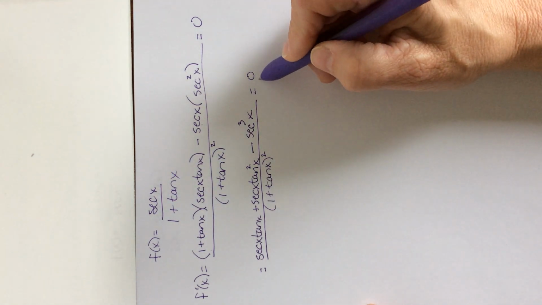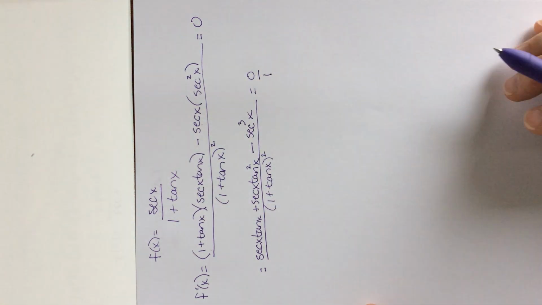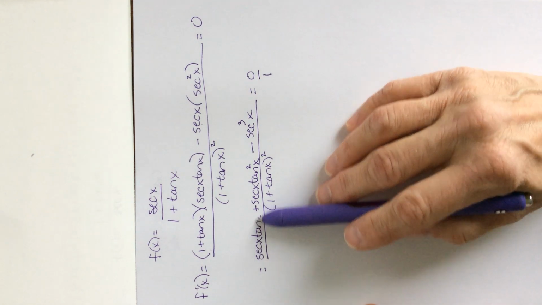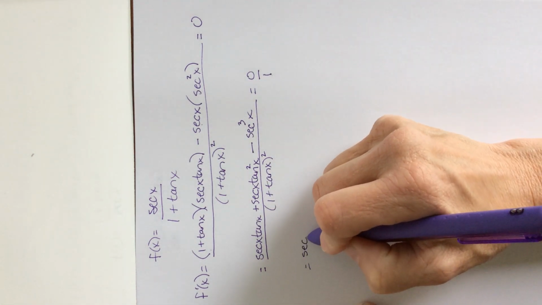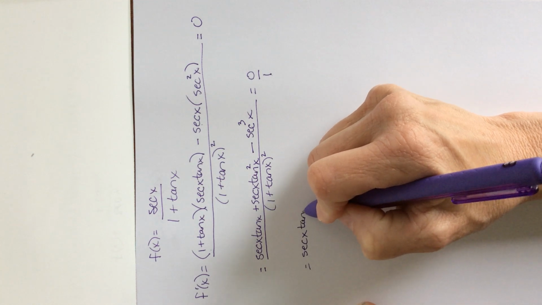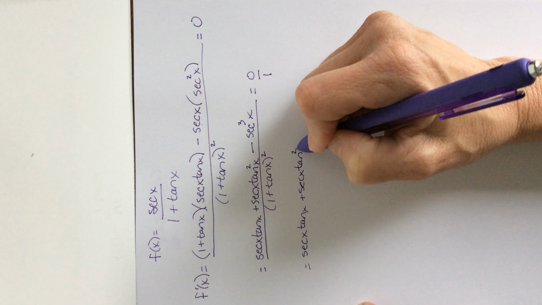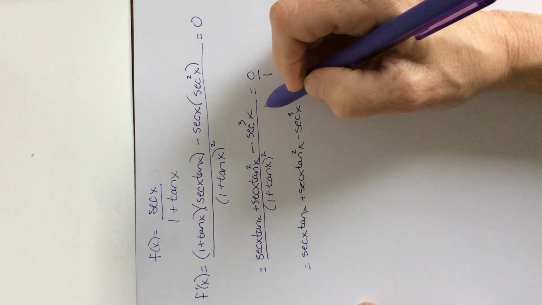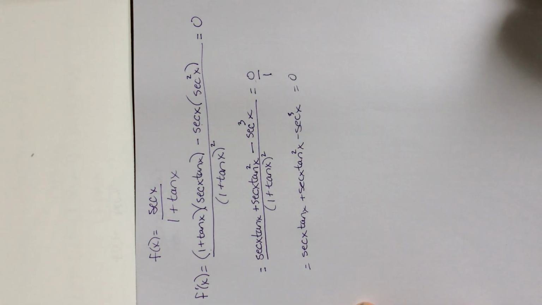Because if you were to treat this as 0 over 1 and did the whole cross multiplying business, all of this multiplied by 1 gives you secant x tangent x plus secant x tangent squared x minus secant cubed x equals 0.